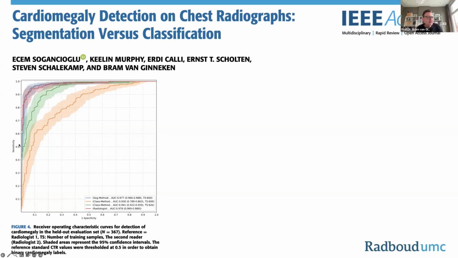And what we show here is that you get worse performance, but actually a bit comparable to what was done by these 3 other packages, around 50% with high specificity. That's the green line. But the segmentation method, we trained with only 600 images, and this green line was trained with 60,000 images. So it's much more difficult for a network if it doesn't get exactly the location of the heart, of the lungs, but just the label, to give good performance.